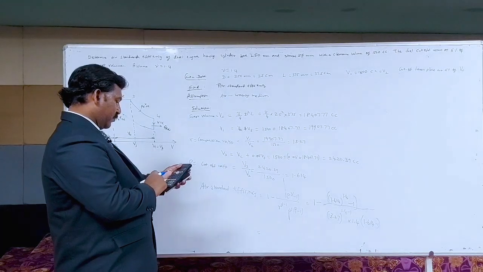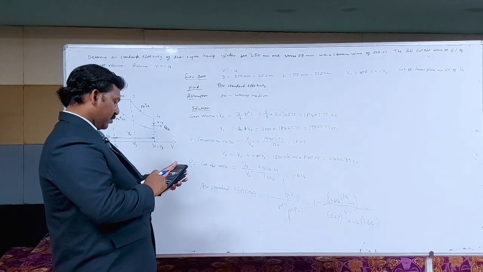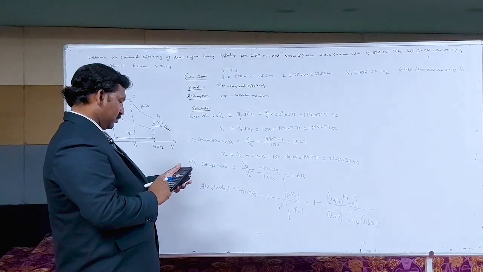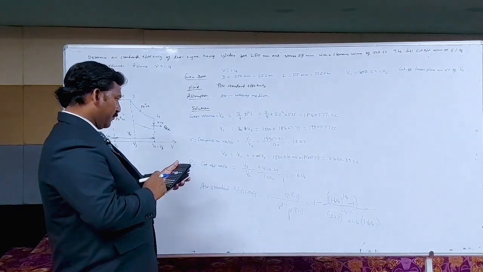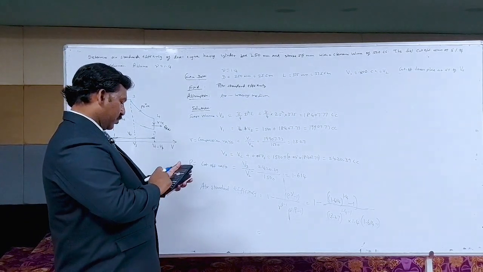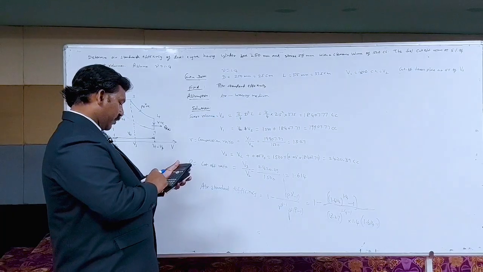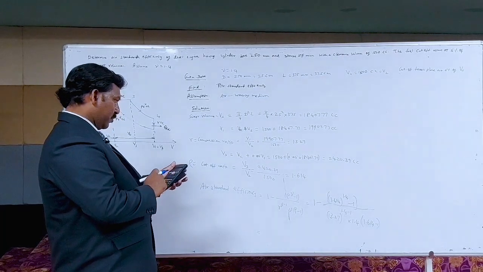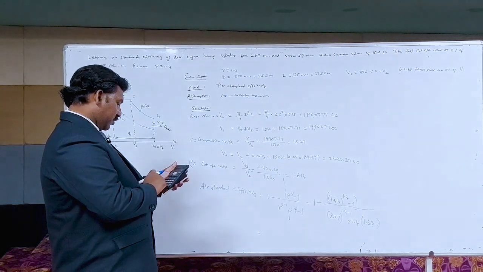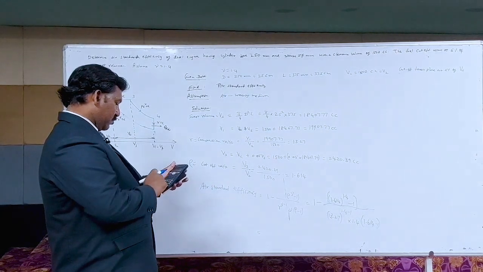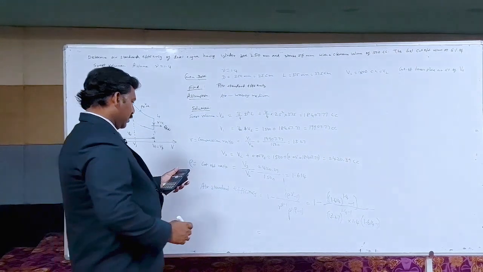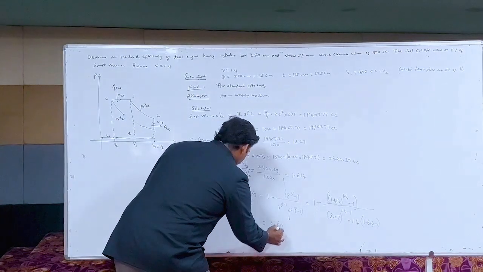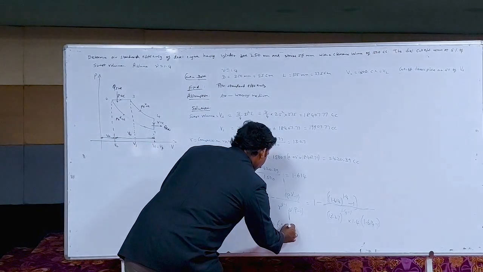So 1.614 power 1.4 minus 1 divided by 13.27 power 0.4, divided by 1.4 into 0.614, and 1 minus answer is equal to 0.6052.